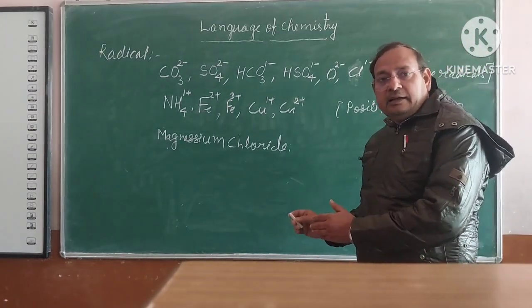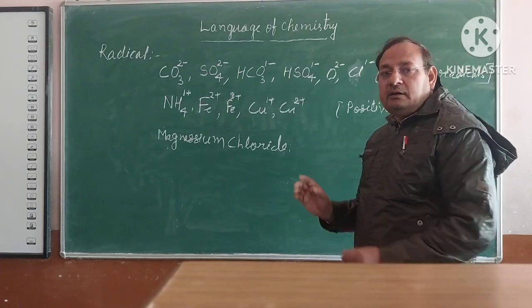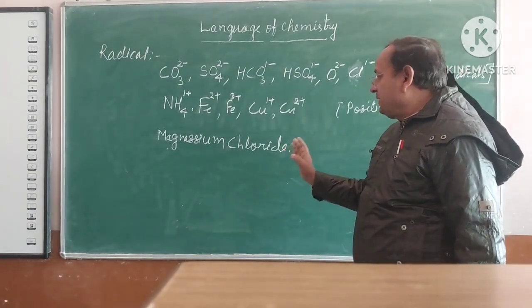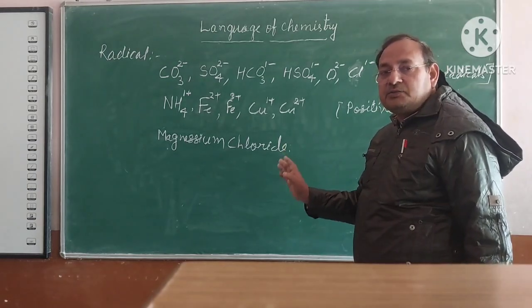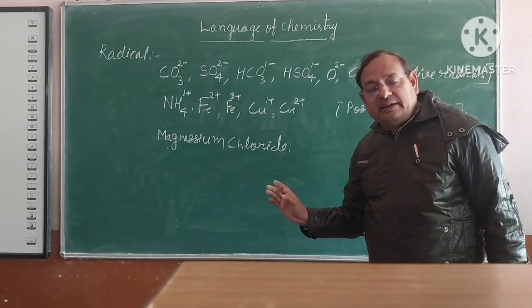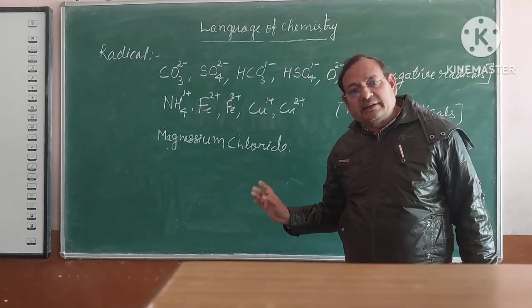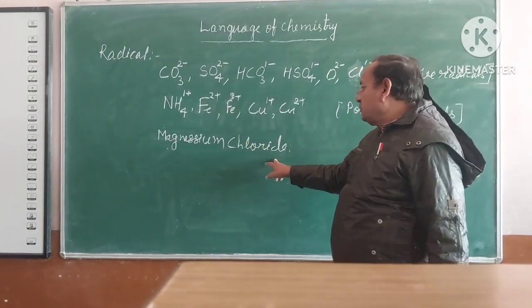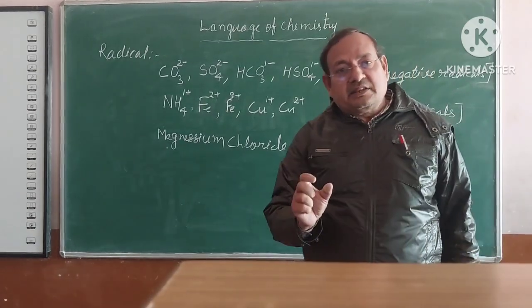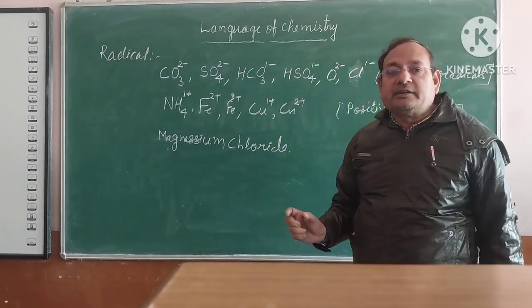Already I have told you the radicals will be written side by side. First we write the positive radical, then we write the negative radical. In magnesium chloride there are two radicals, magnesium and chloride.